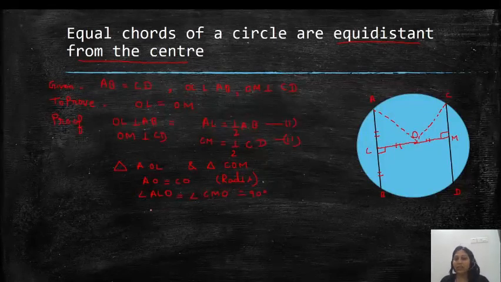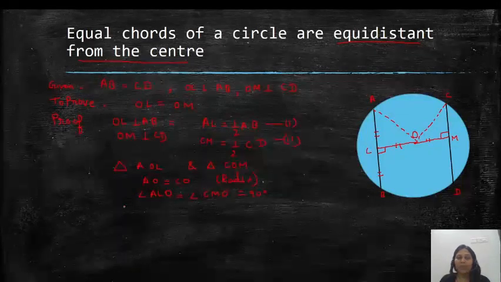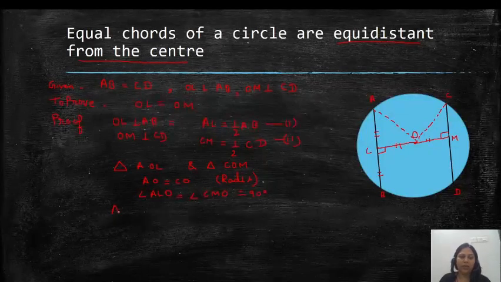Yes. Now the next thing we already know is that AL is equal to half of AB, and CM is equal to half of CD by equations 1 and 2.